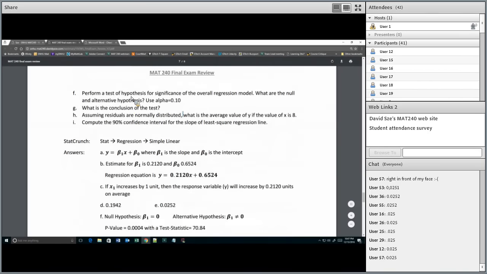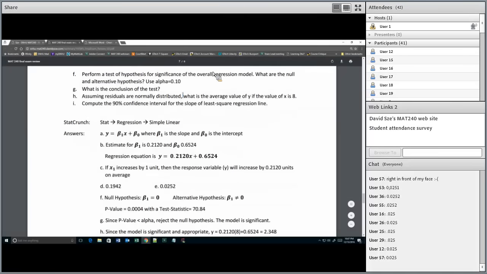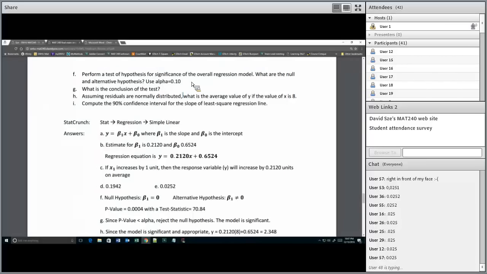Okay, now you have to perform a test of hypothesis for the overall significance of the regression model. What is the null and the alternative hypothesis? So what is the null and the alternative hypothesis when you want to test that there is a relationship between x and y? What is the null hypothesis and what is the alternative hypothesis?